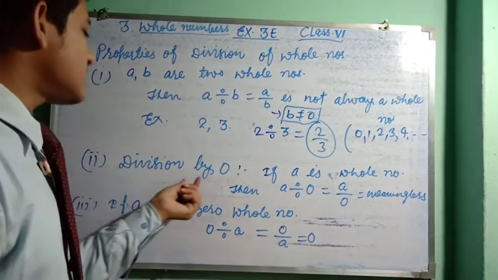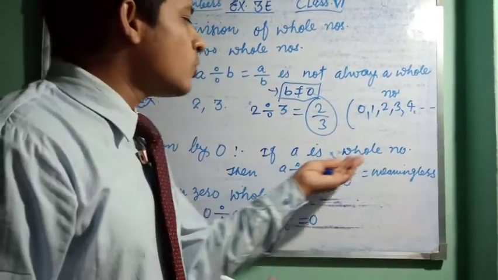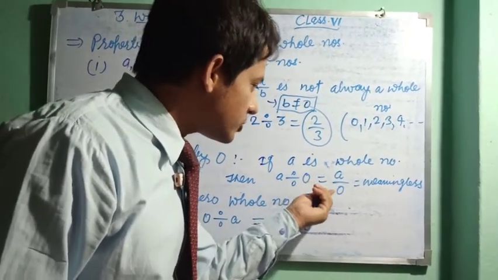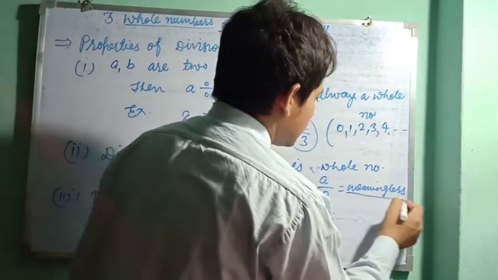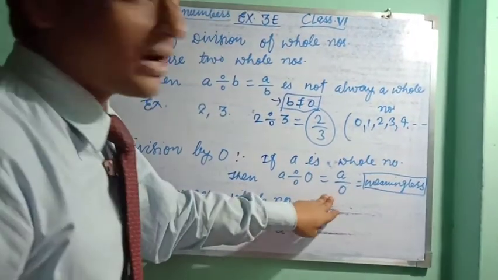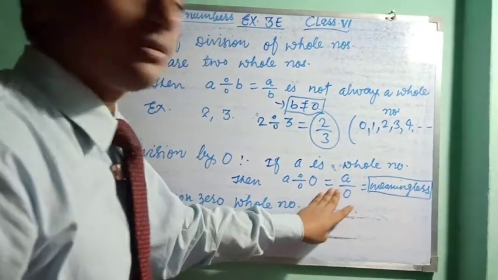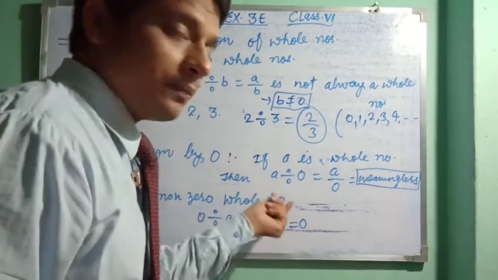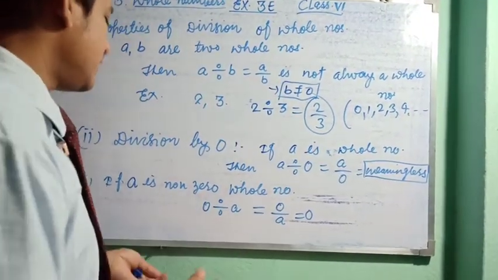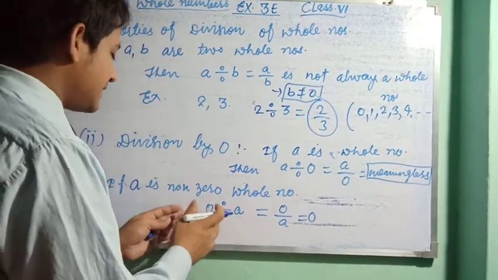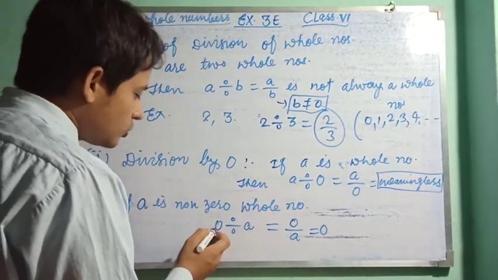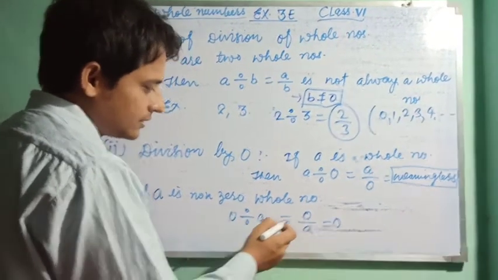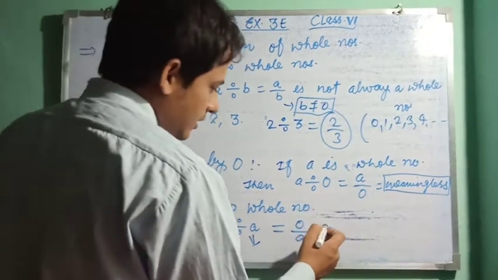Now the next point, division by 0. Let us see. If a is a whole number, then a divided by 0, that means a by 0, gives us something meaningless. This is illegal, that means it is indeterminate, meaningless. Now the next: if a is a non-zero whole number and 0 is divided by a, this can be written as 0 upon a, and it always gives 0.